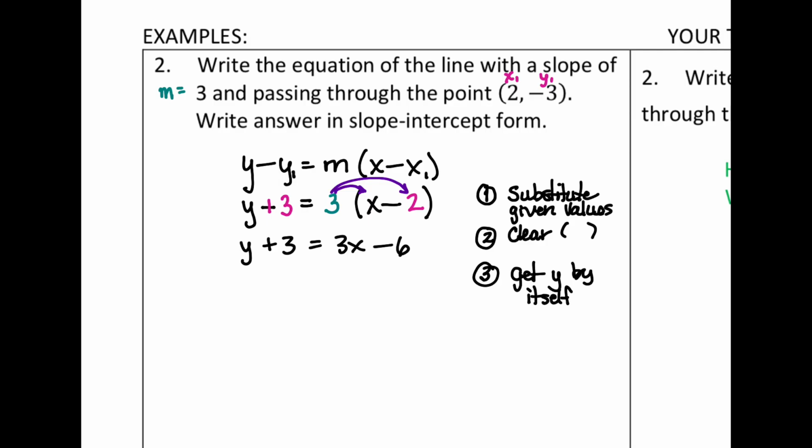Okay, so we're going to subtract 3 from both sides. That gets y by itself. Okay, now on this side, if you have any simplifying to do, don't do anything that would change y. You can combine things together.